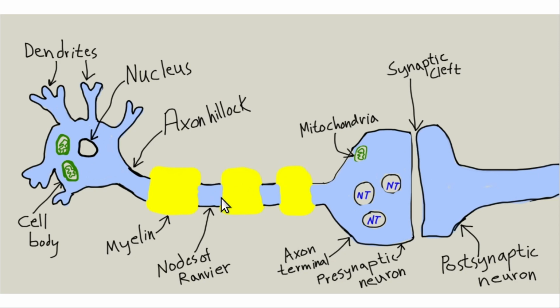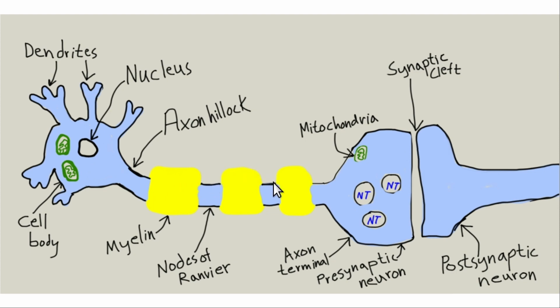Now here's a neuron in the brain, and the first neuron is called the presynaptic neuron. The one across the synaptic cleft is called the postsynaptic neuron. Here is the cell body. These are mitochondria in the cell body. This is the cell nucleus where the DNA is located. Here's the axon hillock where it's thought that the action potential is initiated. The action potential is going to jump over these myelinated areas to what are called the nodes of Ranvier to speed up the conduction.